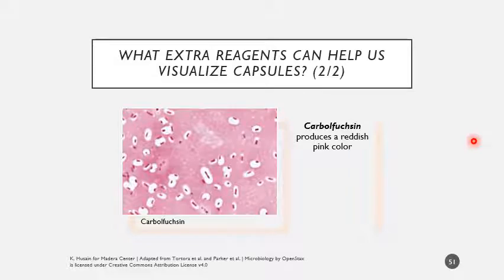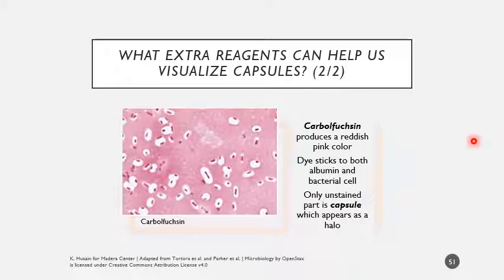That carbol fuchsin produces a reddish pink color that ranges in intensity depending on whether it's the albumin or the cell. The dye is going to stick to both the albumin and the bacterial cell, leaving only the capsule unstained, and again that capsule will appear as a halo. Some of these have much bigger capsules than others, some don't have capsules at all.